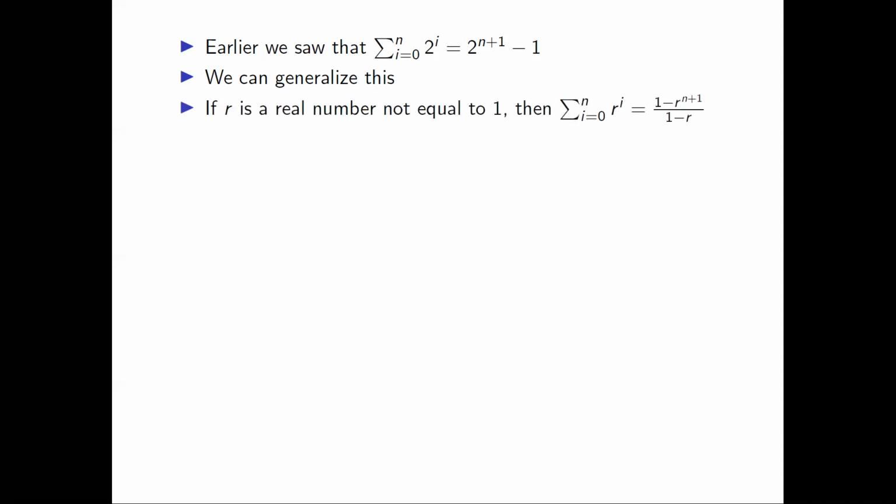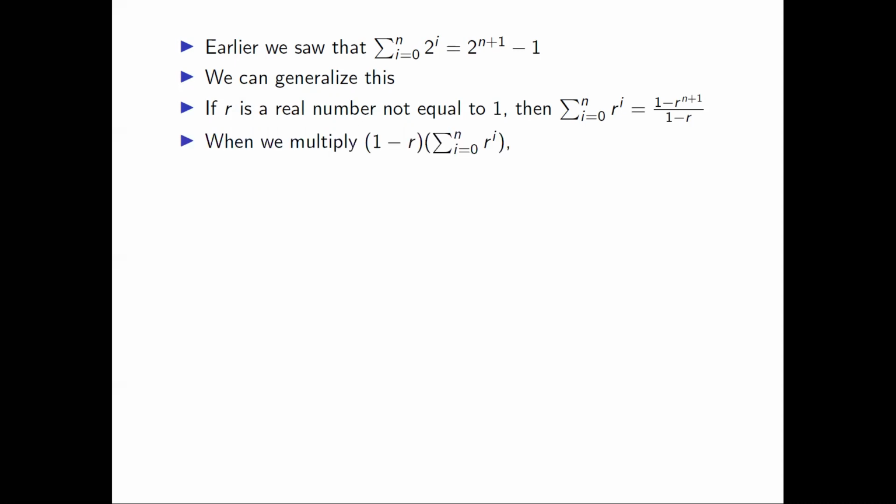So suppose that we have some real number r. Suppose further that r is not equal to 1. Then I claim that the sum from i equals 0 to n of r to the i is equal to 1 minus r to the n plus 1 divided by 1 minus r.